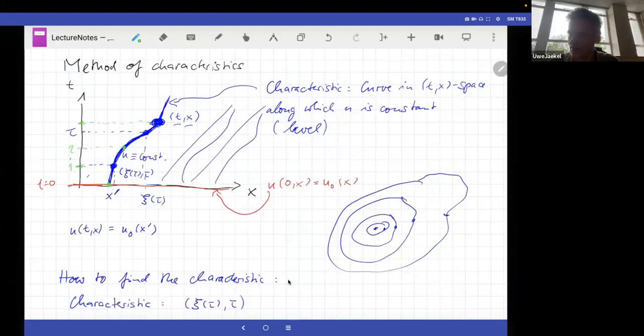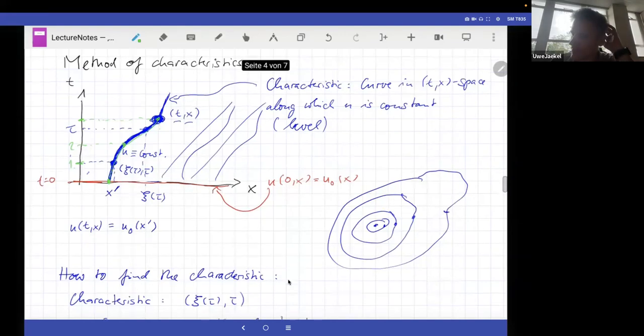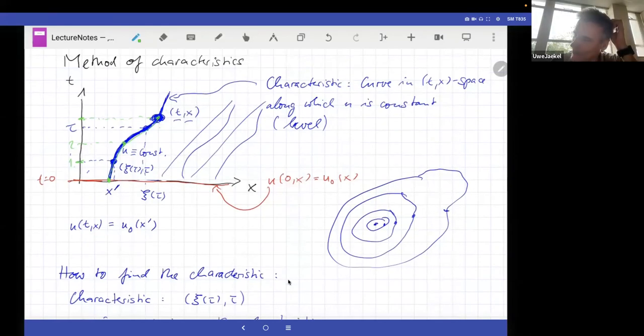Here we are at 0, and now we are approaching t. Here we are at tau equals t. So this is a time, but a time which is a variable between 0 and t.